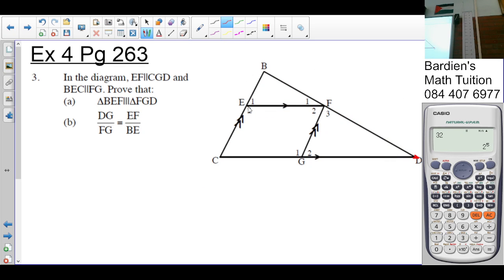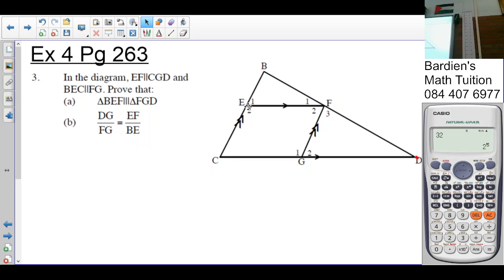F2 is equal to G2. Why? Alternate. What else do we know with regards to F2? F2 plus G1 equals 180. Why? Co-interior. Okay? So all that comes to mind if those lines are parallel.